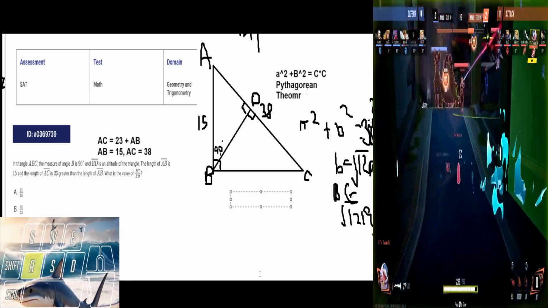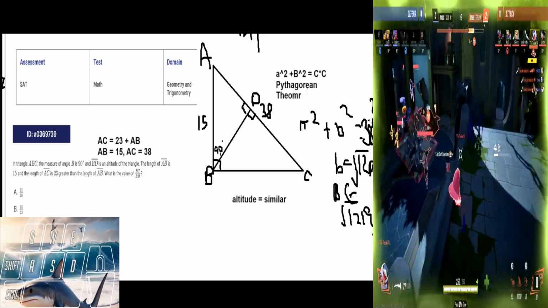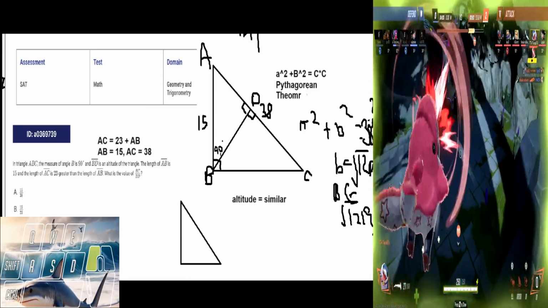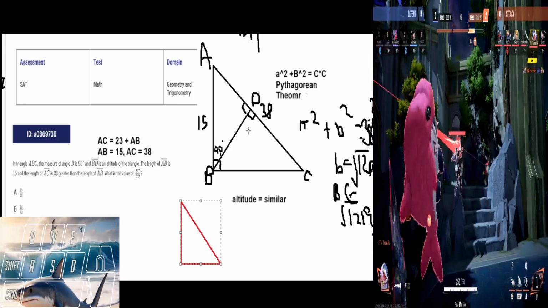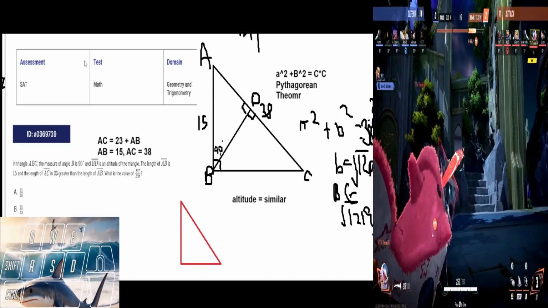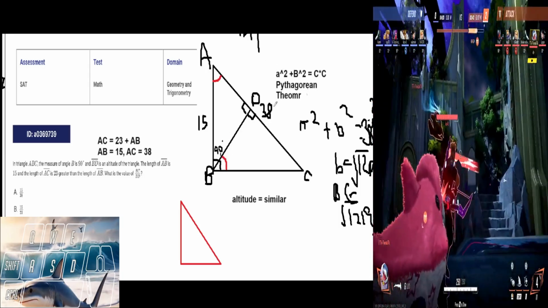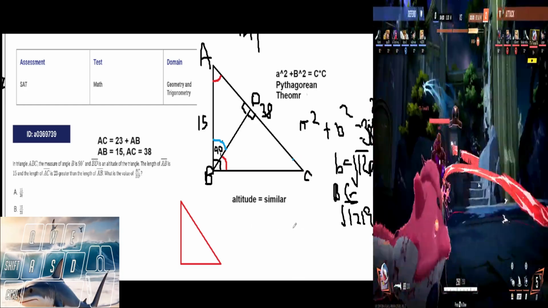Altitude equals similar. Okay, so let's draw a few more triangles here. First of all, we're going to start with ADB. This is just to show that this angle and this angle are the same, and this angle and this angle are the same.